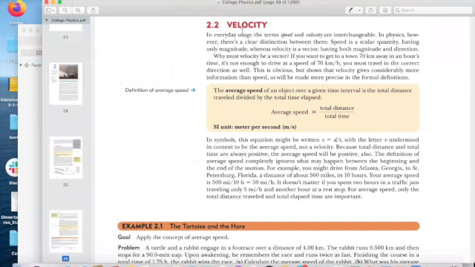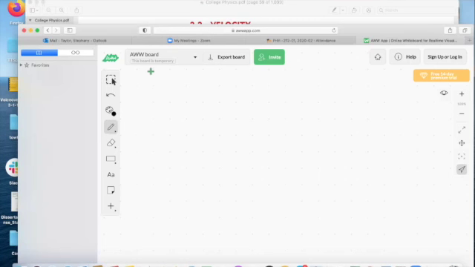Okay, so the next topic was velocity. Velocity and speed can be used interchangeably, but they mean totally different things. So let's go over that right quick. Speed and velocity. All right, so your speed and velocity have the exact same SI units.